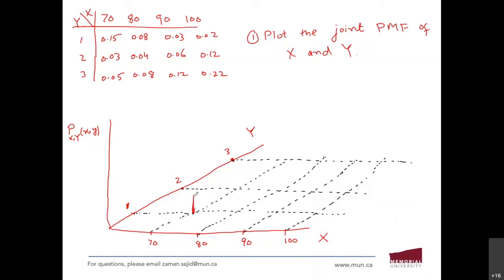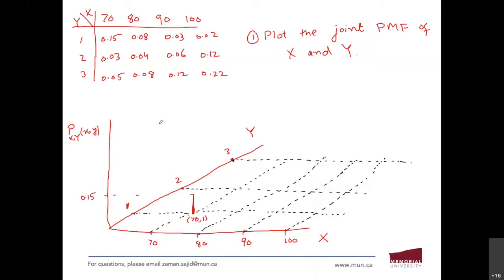And how I'm doing this, because this number I'm saying that is the 0.15. Now this point which I just find out is at x is equal to 70 and y is 1 here.